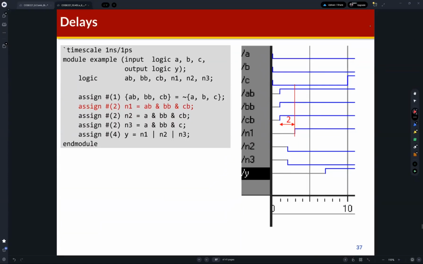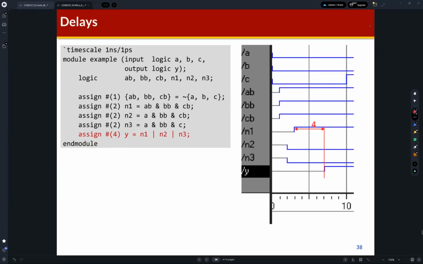And then N1 is determined by AB, BB, and CB. AB, BB and CB are determined by A, B, C at 1 nanosecond. Then N1 is determined by AB, BB, CB after 2 nanoseconds. So AB, BB, CB are determined at this point, and after 2 nanoseconds, N1 is also reflected. So after 3 nanoseconds, N1 is determined.